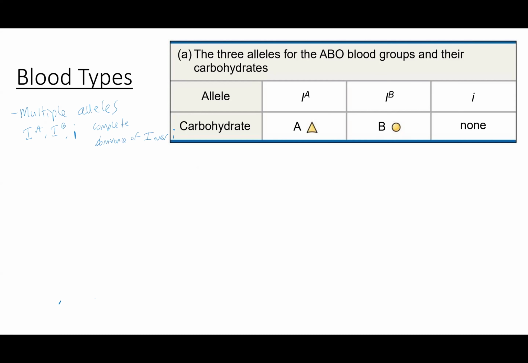But if you have both capital I's, there's not necessarily complete dominance. There's another inheritance pattern that we also see in blood typing, and that's the idea of codominance. And in this case, both alleles show and affect the phenotype.